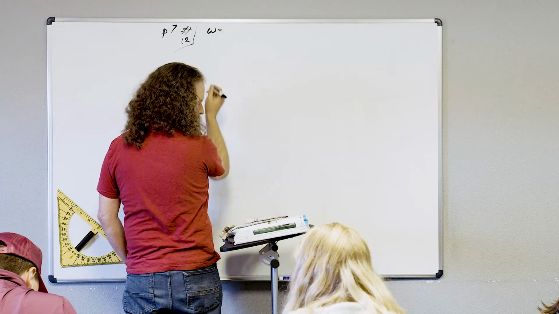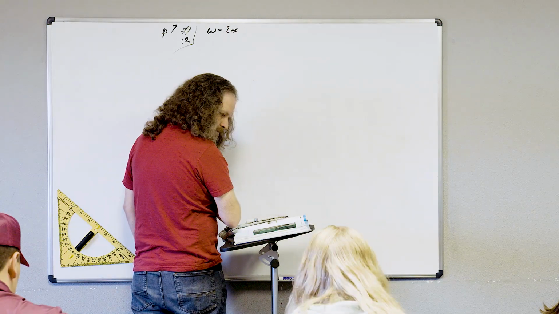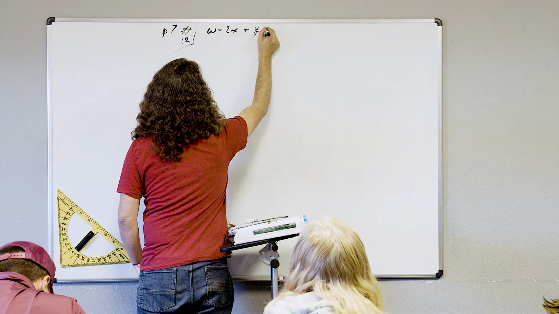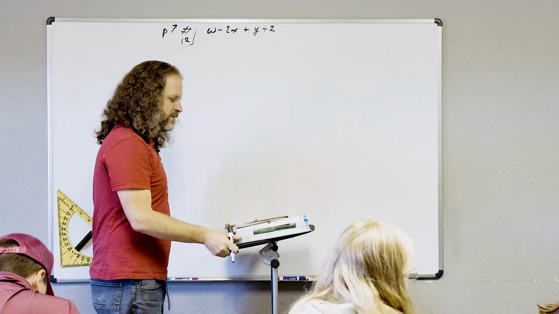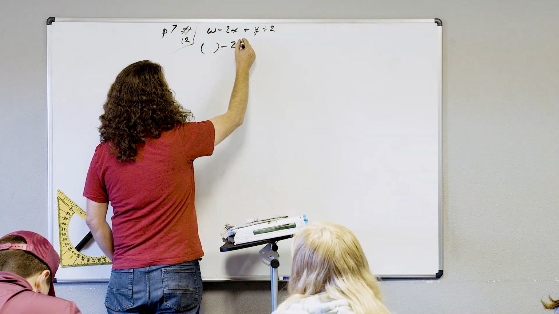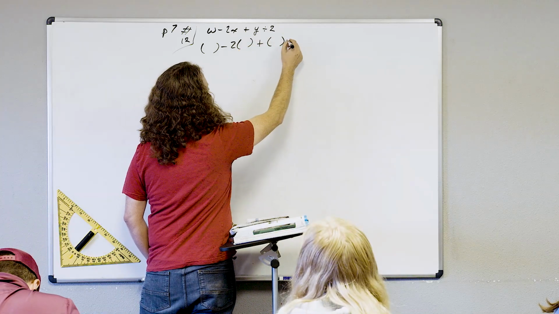W minus 2x plus y. These kinds of problems are like those stupid things you see on Facebook where it's like, what is the right answer to this? And half the time the right answer that whoever posted is trying to tell you is wrong.